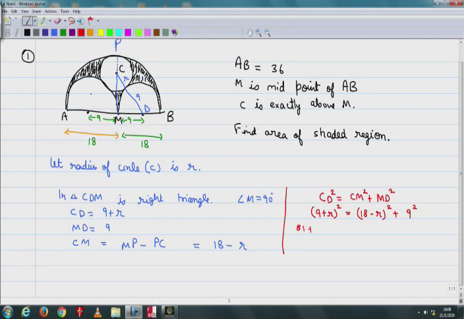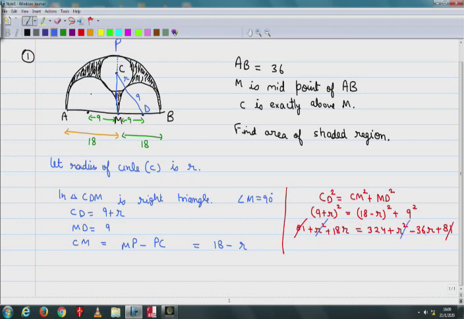So now you can open this by the (A plus B) whole square identity. So this is A square plus B square plus 2AB, equal to 18 square, which is 324, A square plus B square minus 2AB, plus 81. So this 81 and 81 will get cancelled out. Similarly, this R square and R square will get cancelled out.